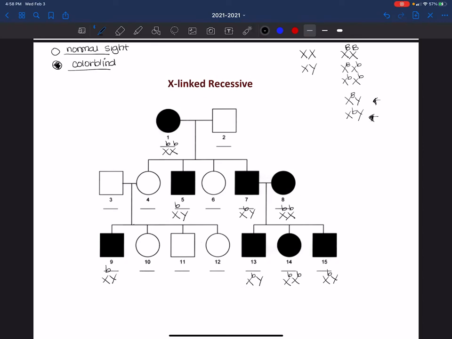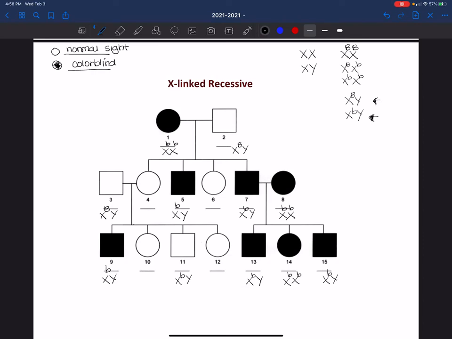All the boys that aren't colored in are going to be X big B Y. Number 3 is a boy who's normal, so he will be X big B Y. Number 11 is normal, so he'll be X big B Y. Number 2 is normal, so he will be X big B Y, because if he were X little b Y, he would be shaded in and have color blindness.